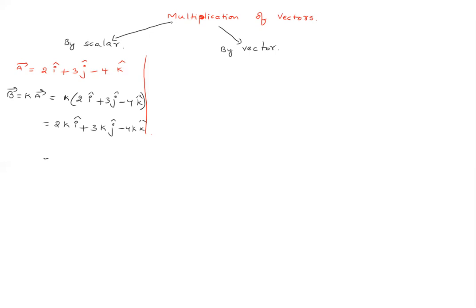Of course, your magnitude becomes constant times magnitude of a bar. So multiplying by a scalar, you can do it like this.